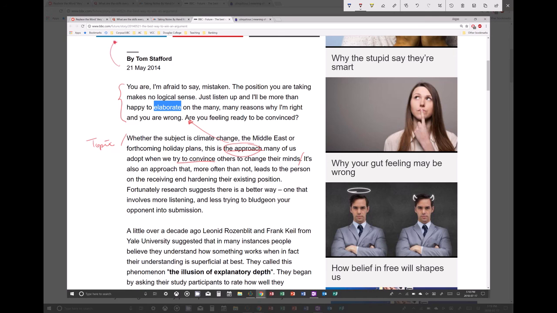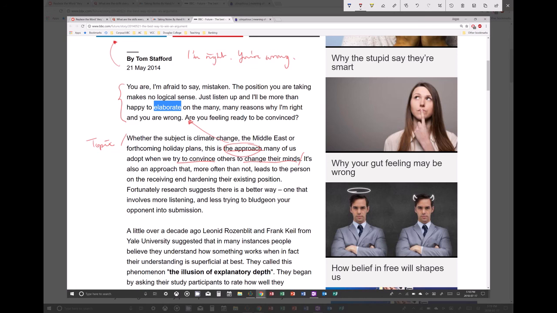It talks about that, oh, I'm right and you are wrong. Okay, and this is saying that's the attitude that people may take, or in this article it says often take, to try and convince somebody, saying that, oh, I have the right information, you don't, so you should change your mind. So this is what the approach says that we in general would try and do, according to this article.